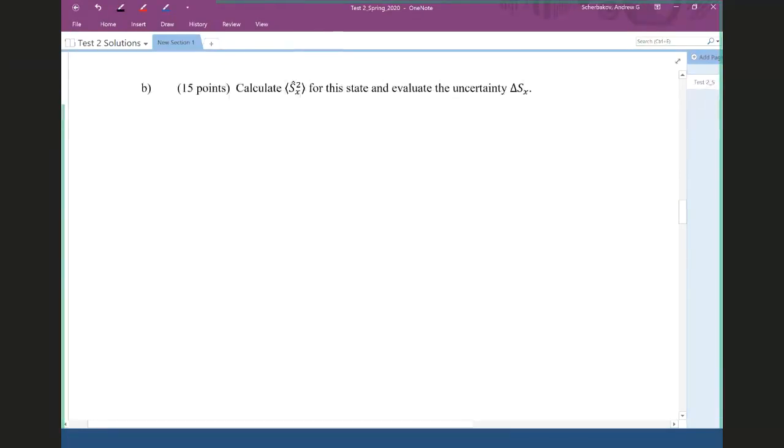All right. Essentially, what we need to do is, this is the expectation value of Sx times Sx on psi. I can rewrite it like this. We know what the action of the Sx operator on psi is.